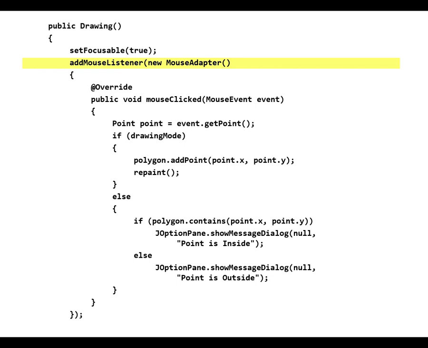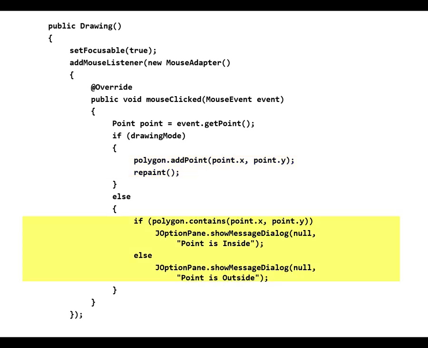Recall that because the MouseListener interface contains 5 method signatures, it is not a functional interface, which means that a lambda expression cannot be used. When the mouse is clicked and the program is in drawing mode, the addPoint method is used to add successive points to a polygon. Also notice that it is necessary to call repaint each time the mouse is clicked to cause the paintComponent method to be called.